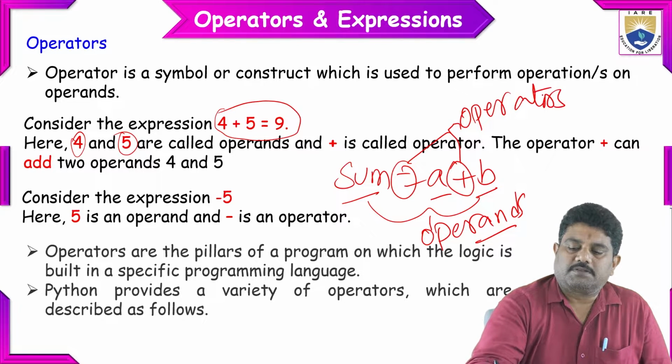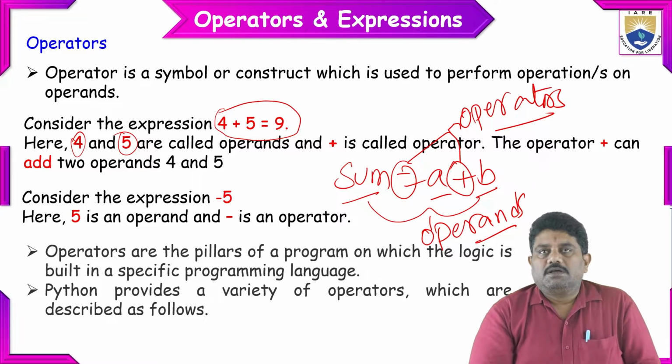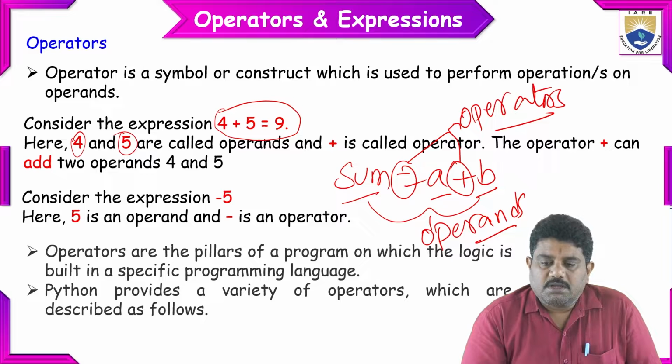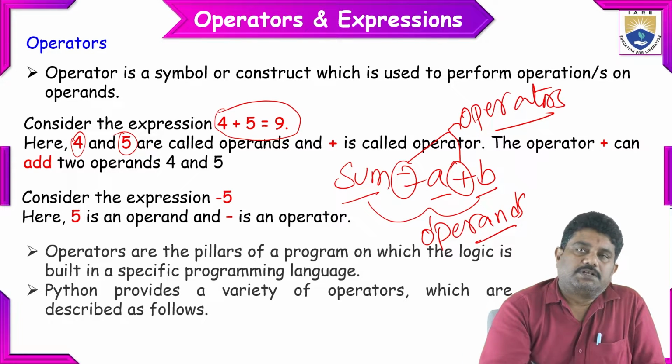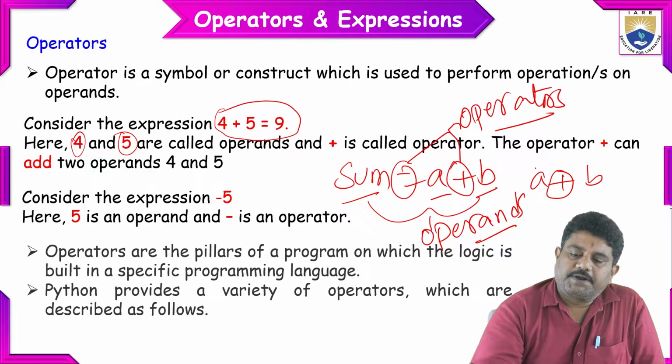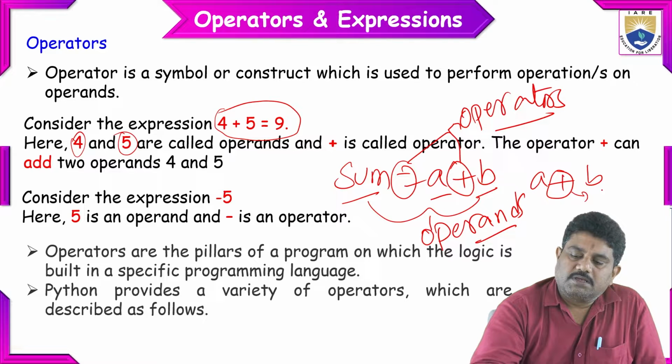These are called operators. That's why we define an operator as a symbol or a construct which represents an operation in an expression, or which is used to perform operations on operands. Here in a plus b, the plus operator represents the addition or sum of a and b.